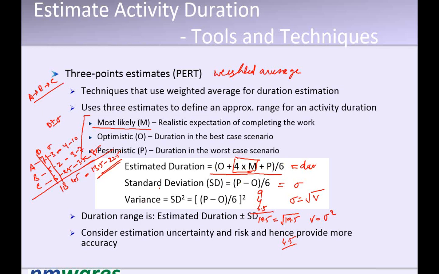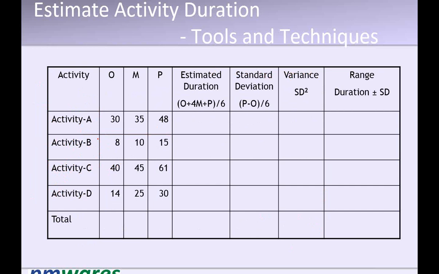Okay, so if this is clear, let's do this exercise. First, you have to calculate the estimated duration with O plus 4M plus P divided by 6. Then you calculate the standard deviation. Then you calculate the variance. Here, duration will be duration plus minus standard deviation.